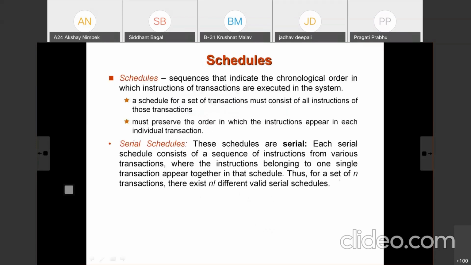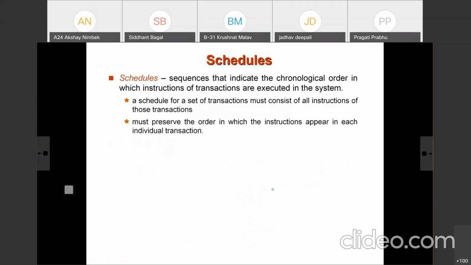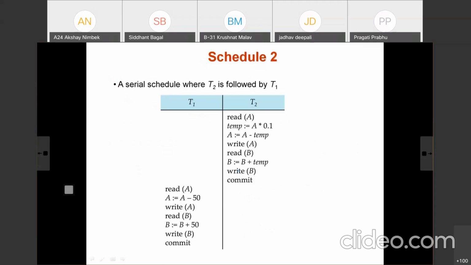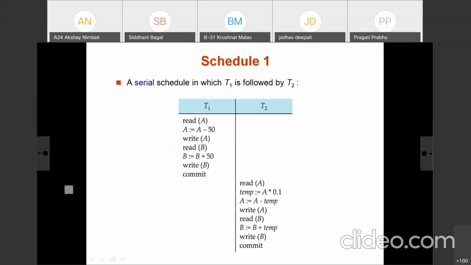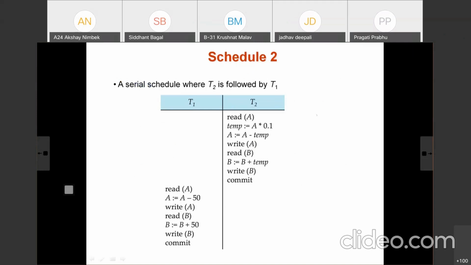If there are n transactions in the schedule, not necessarily only 2, but more than 2, then n factorial different serial schedules are possible. Here in this case there are 2 transactions, and that's why 2 factorial means 2 combinations are possible.